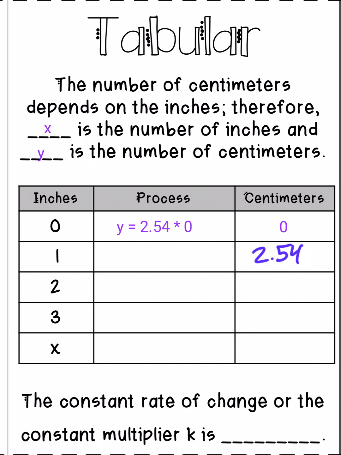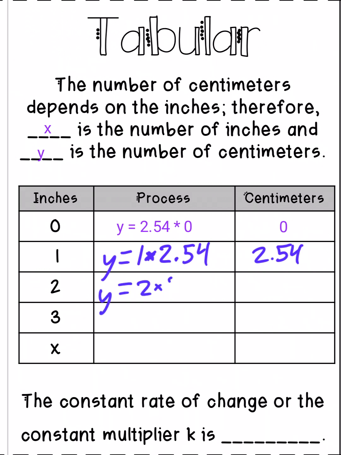So the number of centimeters y is equal to the number of inches 1 times the constant multiplier 2.54. We can then use this process to find how many centimeters for other numbers of inches.